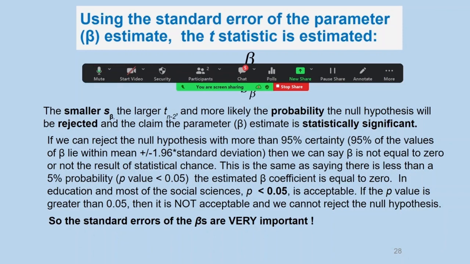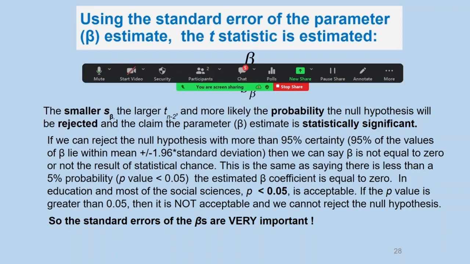Now, when the p-value is less than 0.001, we're saying it's less than a 0.01% chance. So the lower that p-value, the better.